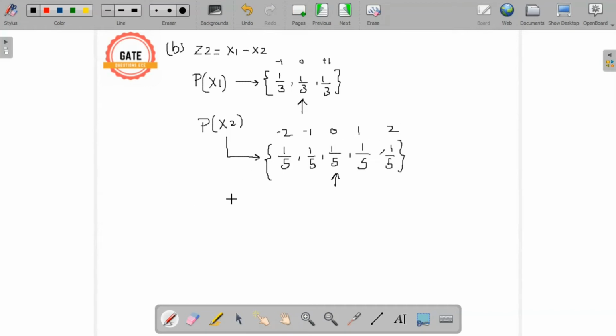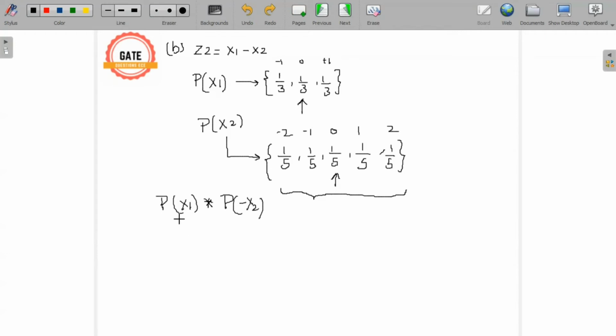Now we need to calculate x1 minus x2. For that we need the convolution of the x1 sequence with minus x2, so we need to reverse this sequence and write the reversed sequence. I will draw a table first.